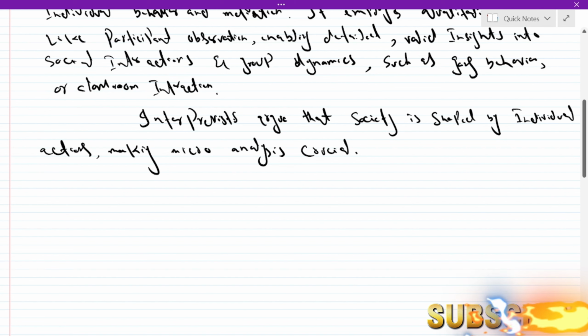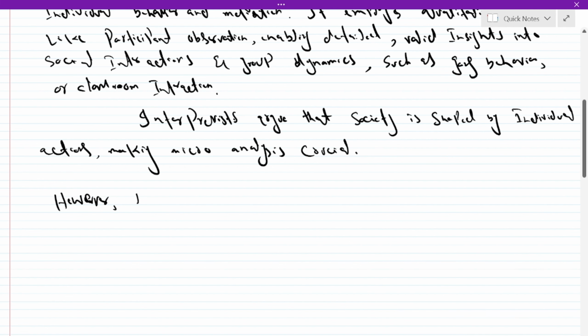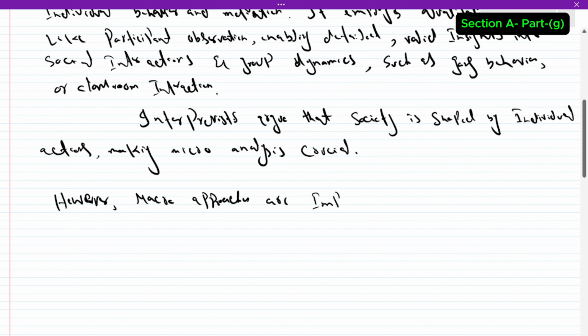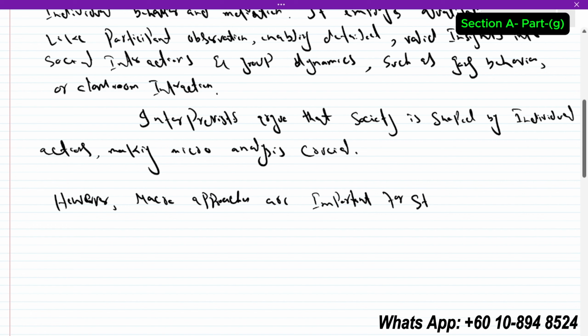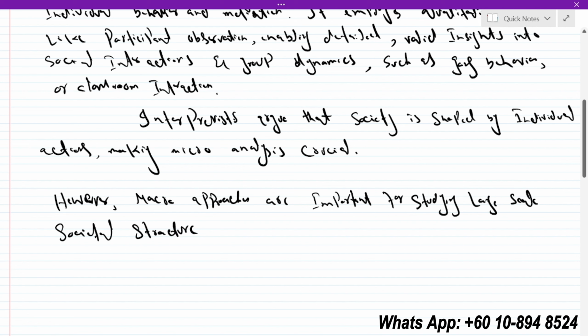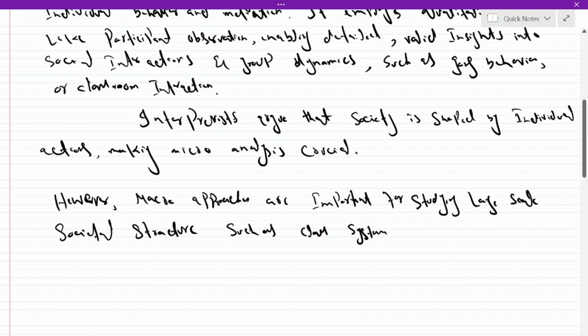That could be the macro approach, or you can write it as: however, macro approaches are important for studying large-scale societal structures, such as class systems, institutions, and economic trends.